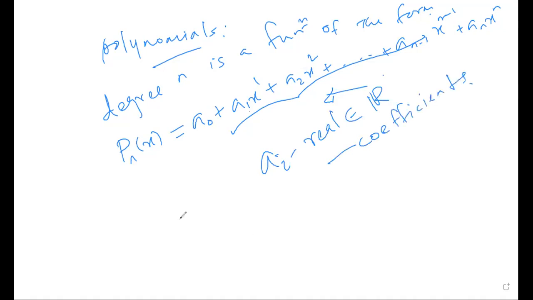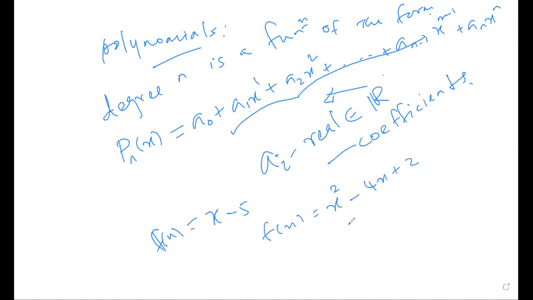For example, one of you gave something like this. This is also one of the polynomials. Let's say f(x) equals, if it is quadratic, x squared minus 4x plus 2.